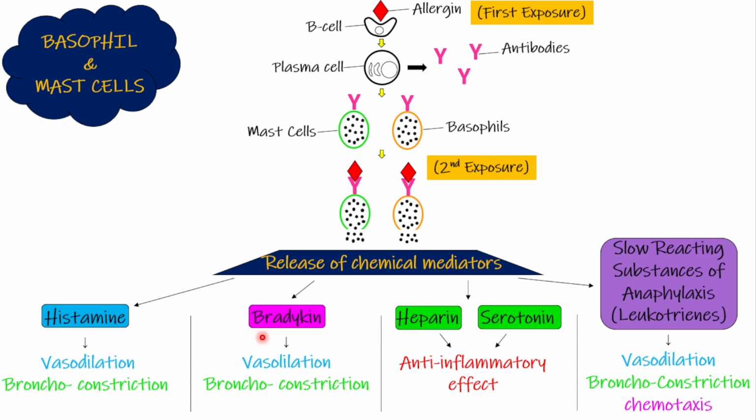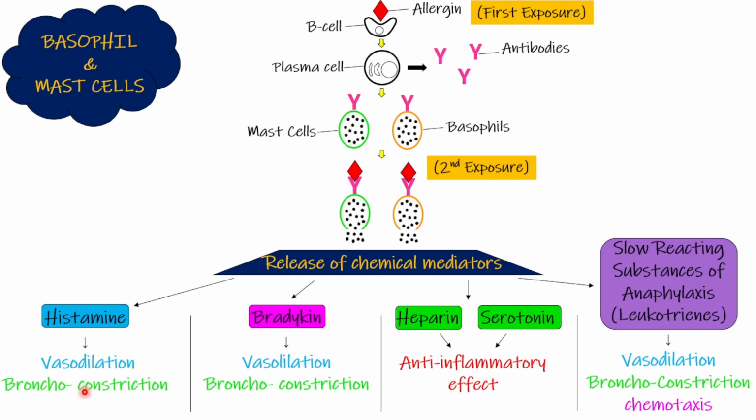So histamine, bradykinin, and slow reacting substance of anaphylaxis all cause vasodilation and bronchoconstriction, but slow reacting substance of anaphylaxis also causes chemotaxis. So basically they all have the same functions.